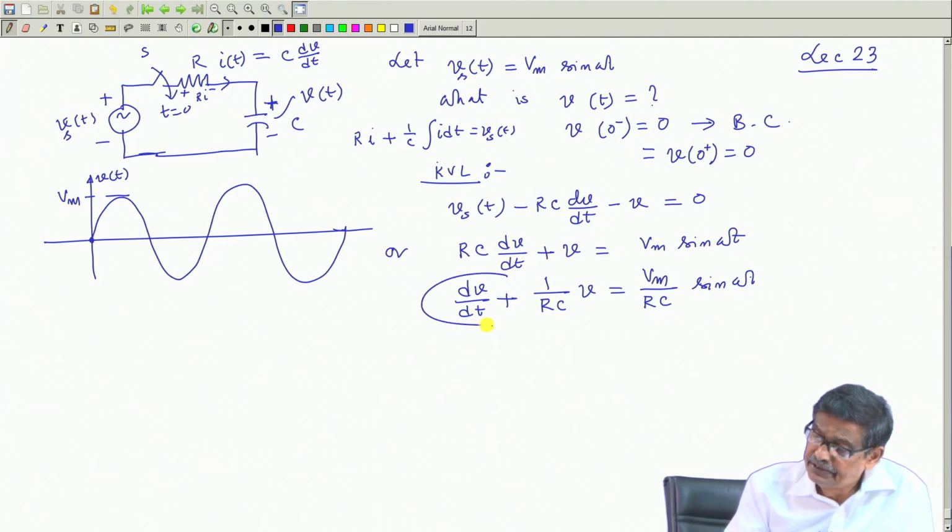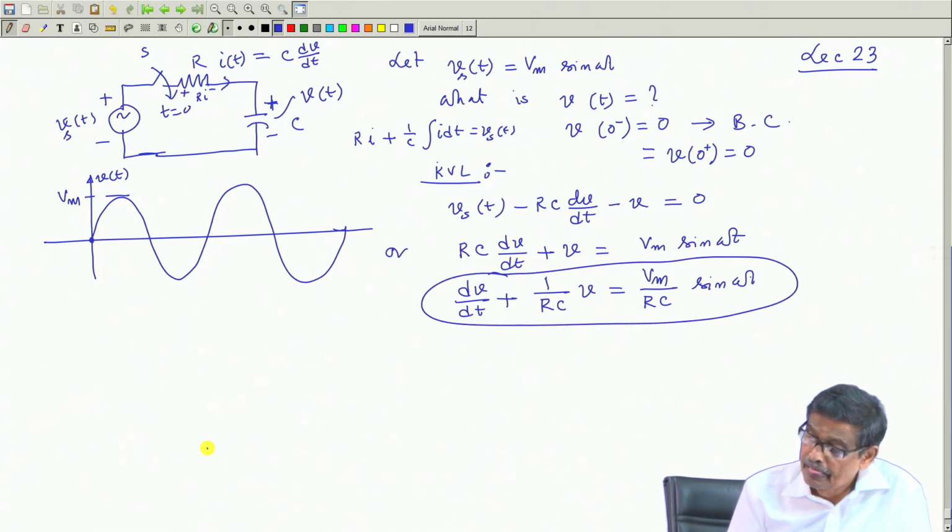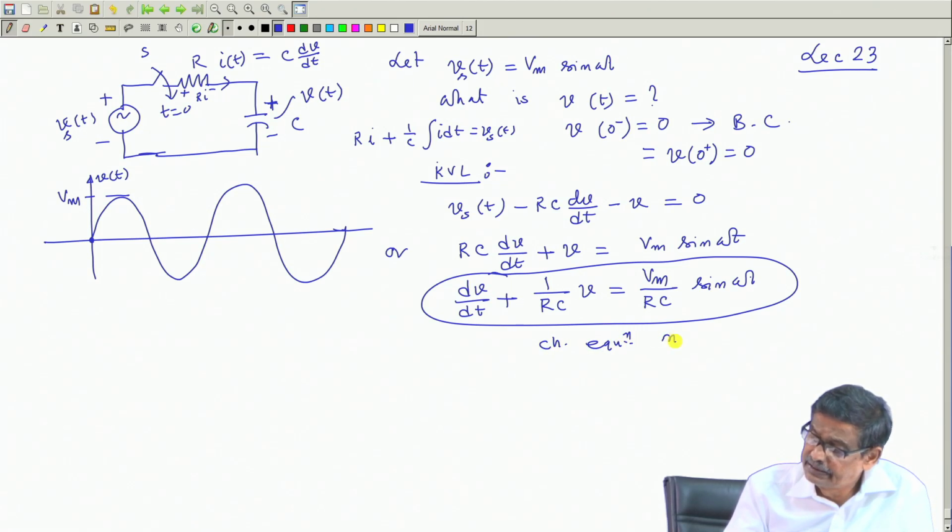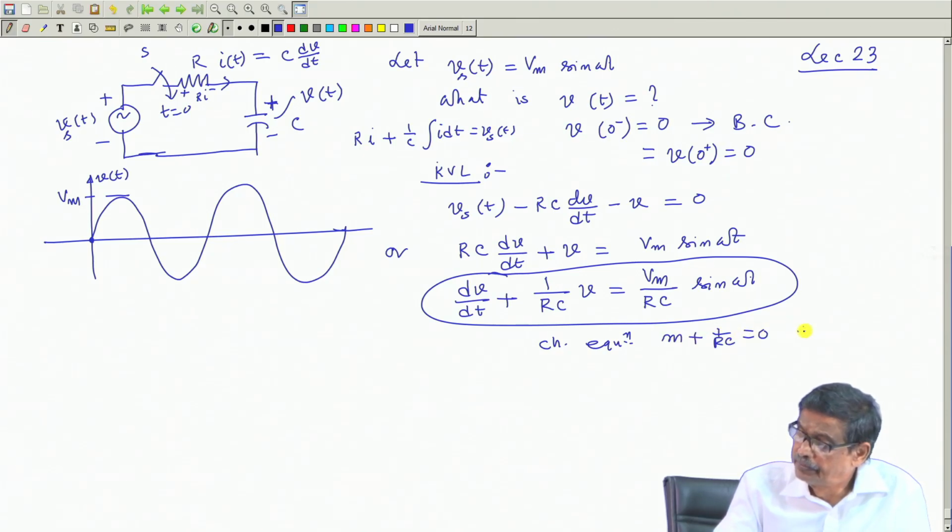So, here is the differential equation with a forcing function. Once again, the characteristic equation is m plus 1 over R C equal to 0. Therefore, the characteristic root is minus 1 over R C.